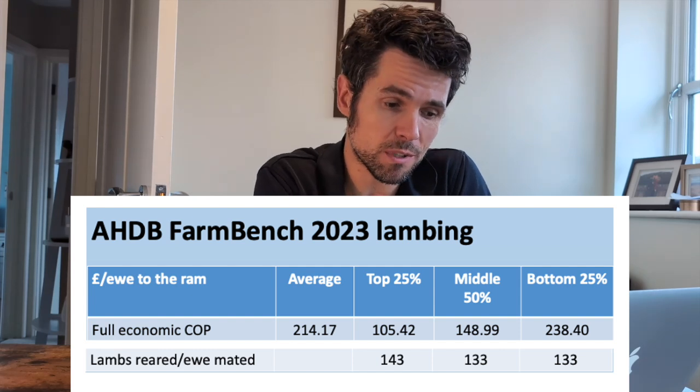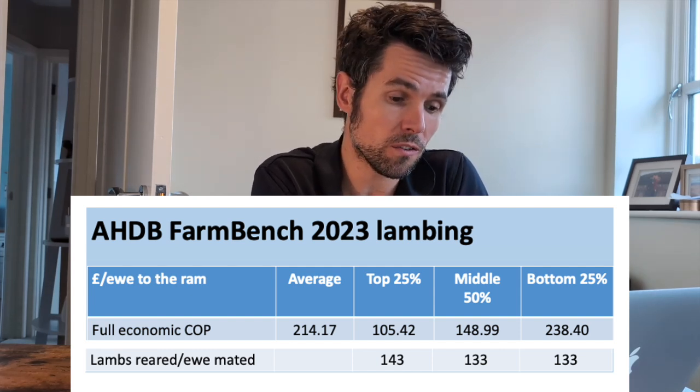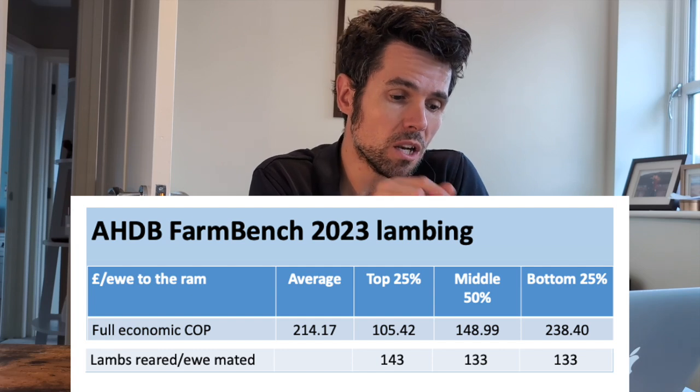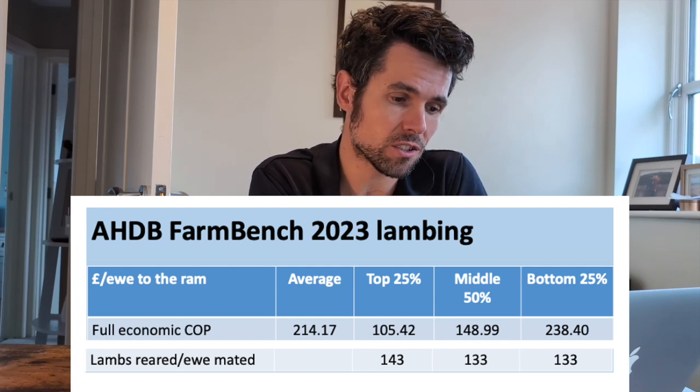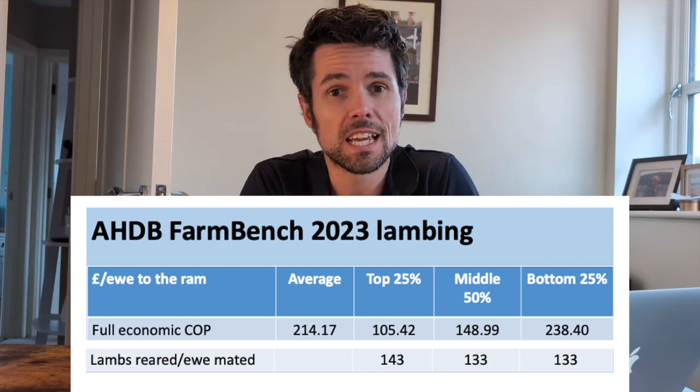Between the middle 50% and the bottom 25%, no difference at all in the number of lambs reared per ewe. But look at the difference in cost of production. What we need to take from that data is to say that you can be more profitable with fewer lambs if your cost of production is under control. And to get your cost of production under control, you need to know where your biggest costs are. And that's why I'm urging you to do a cost of production calculation on your farm.